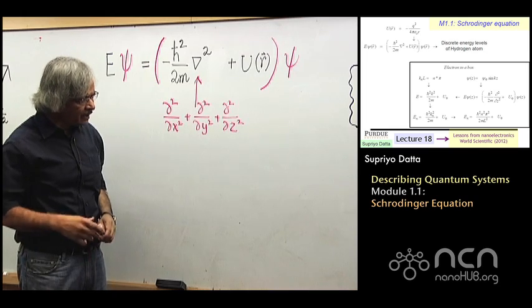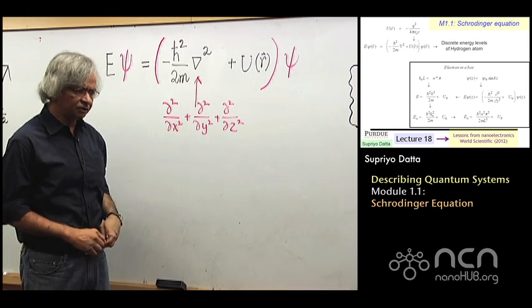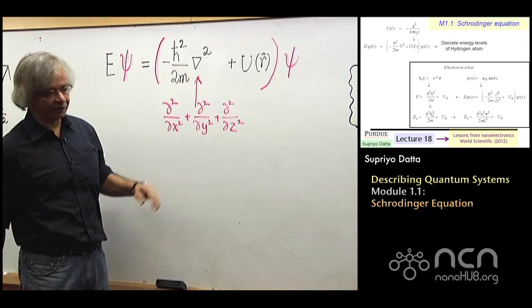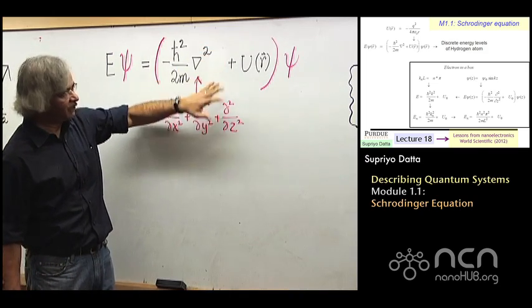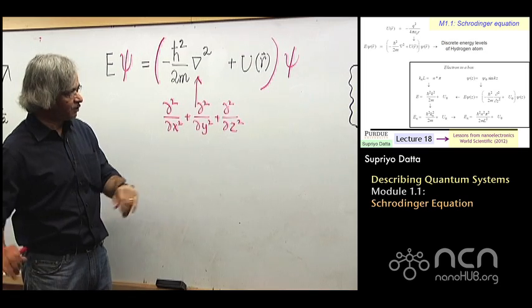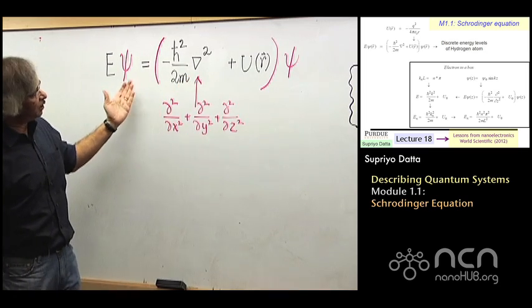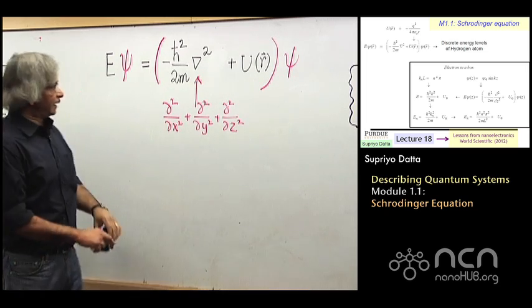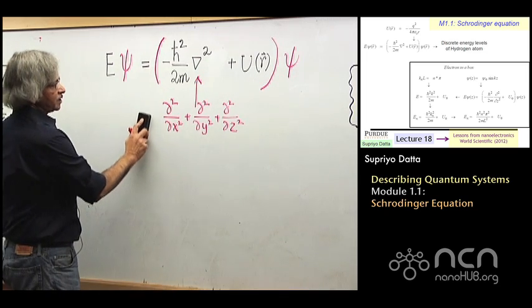And as we'll talk about in the next module, you can write an equivalent matrix equation, where instead of a differential operator, you have a matrix. But that's for the next module. Right now, I want to give you a feeling for this differential equation itself. This is the basic Schrodinger equation.